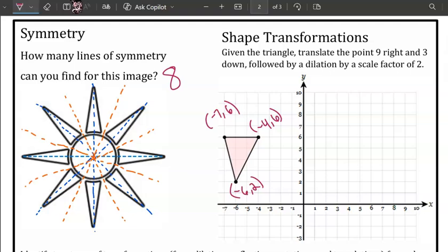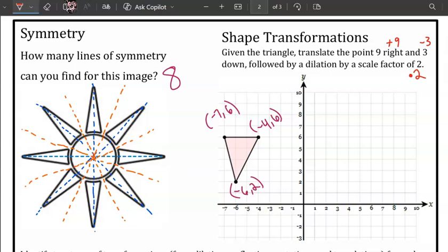We're going to transform each of these 3 points. There's 9 right, so that's going to be plus 9. 3 down, so it's going to be a minus 3, and then followed by a scale factor 2, so we're going to multiply those by 2.